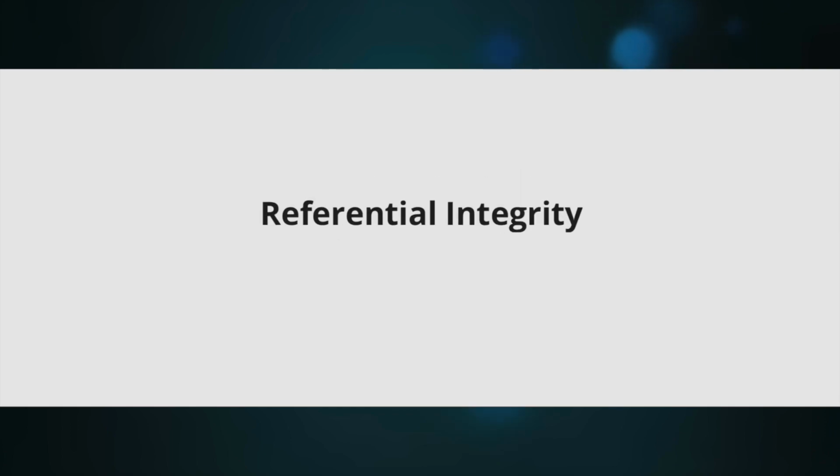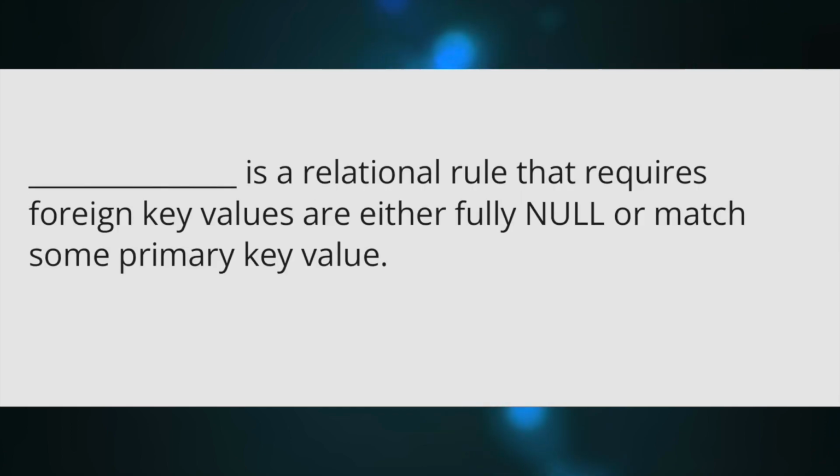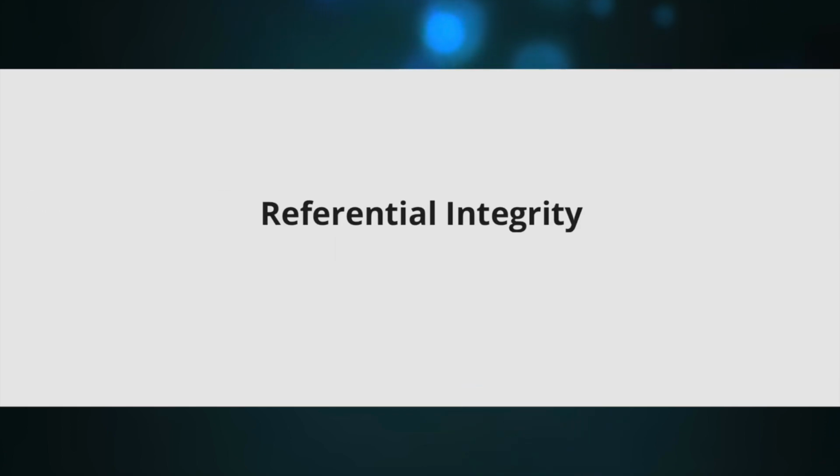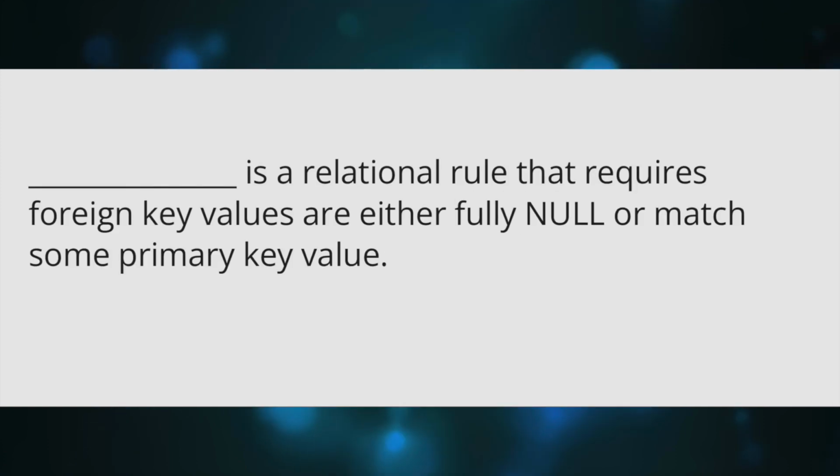So referential integrity is a relational rule. So referential integrity, again, is just saying, hey, when you're referring to this, it needs to be up to par based upon this. That's what the integrity means, right?